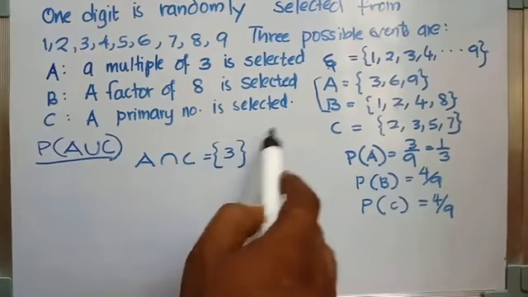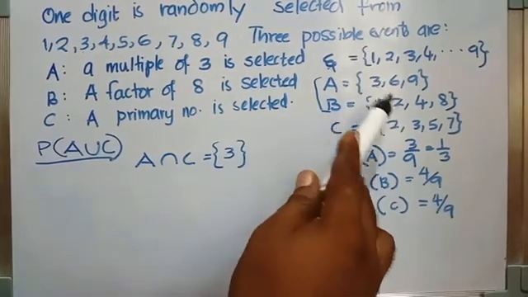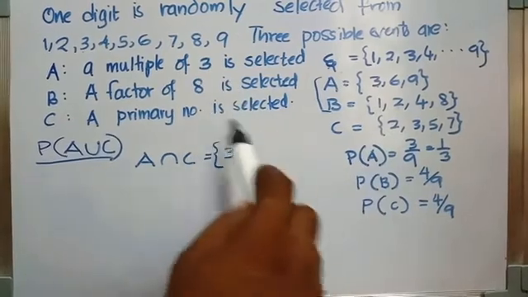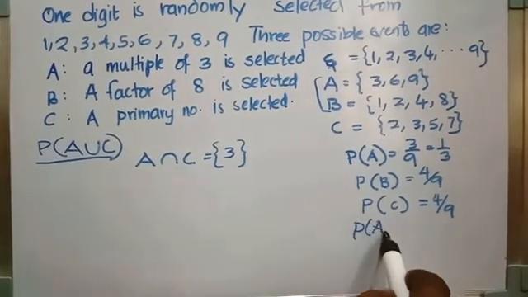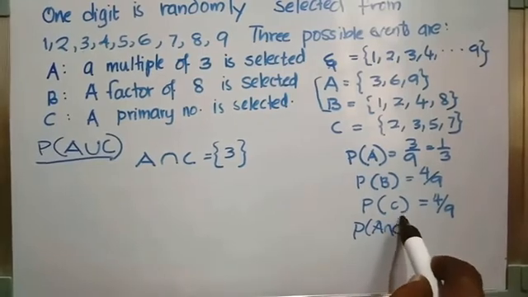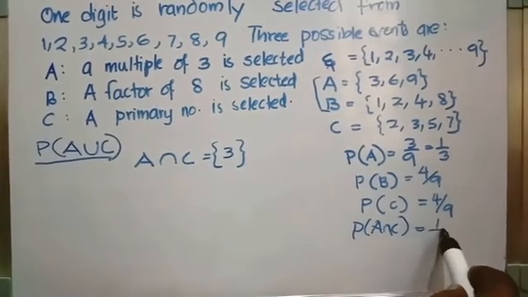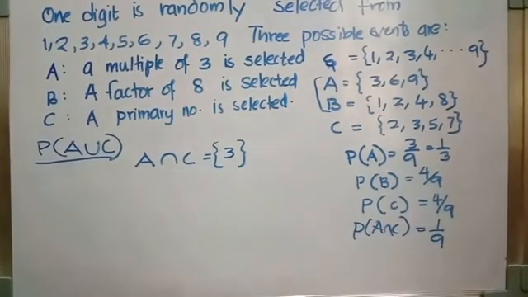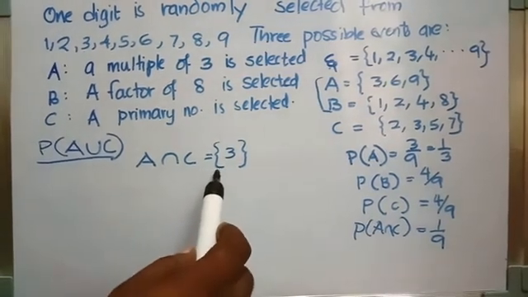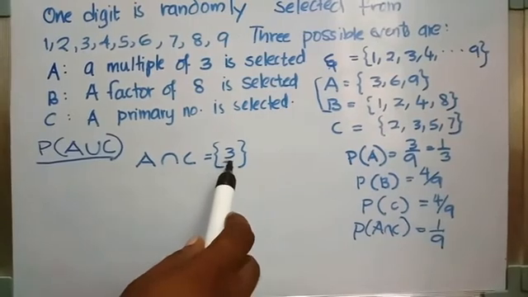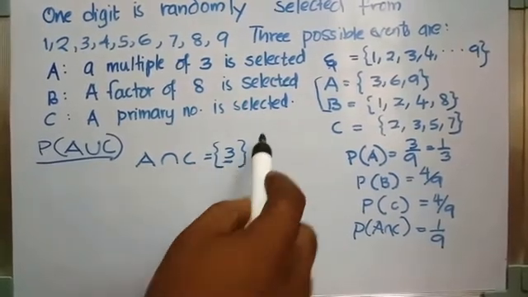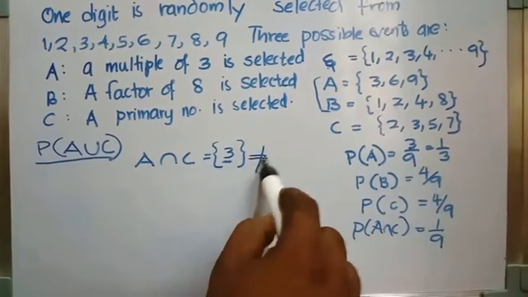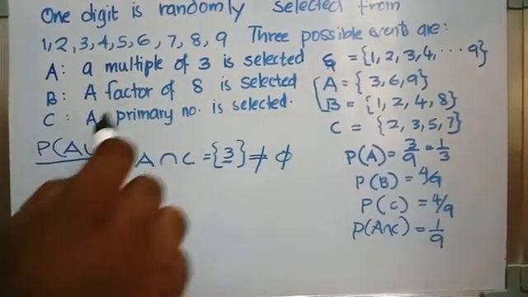Only one element is common, that is 3, isn't it? So probability of A intersection C is 1 by 9, because there is one element in A intersection C. So A intersection C is not a null set.